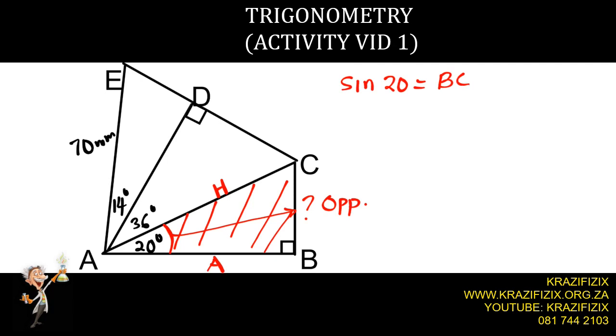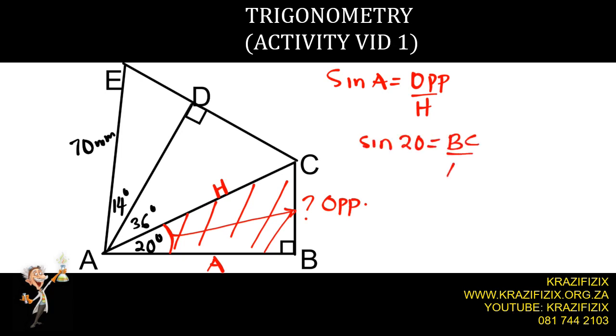Let's first write the whole sine A. Can I say sine A will be equal to opposite BC over hypotenuse? Therefore, sine 20 equals BC over AC. I do have a problem. I do not have AC. That gives me a very big challenge.